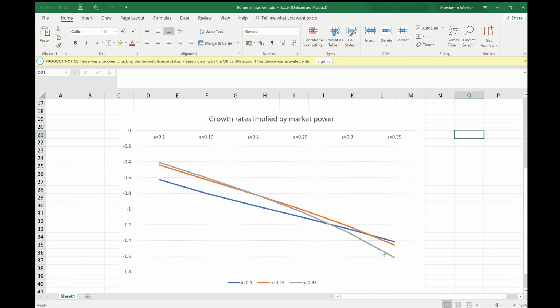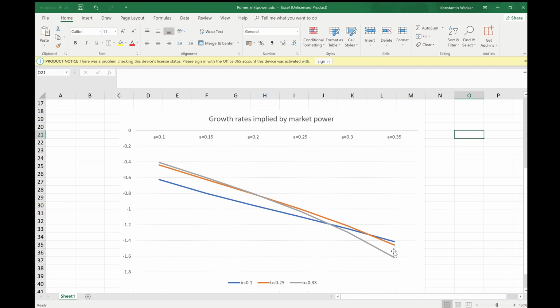Okay, so a higher alpha pulls away resources, one of the main resources, human capital, from the research and development sector. That's why it's so important in the model that 2 sectors are competing over human capital.